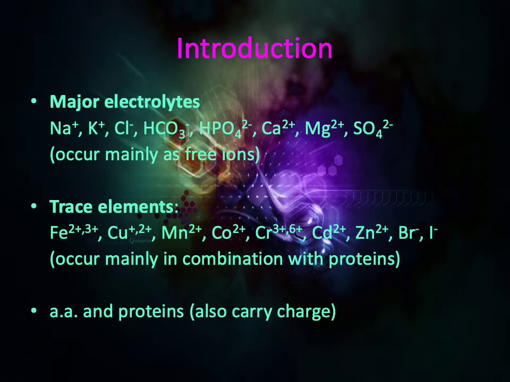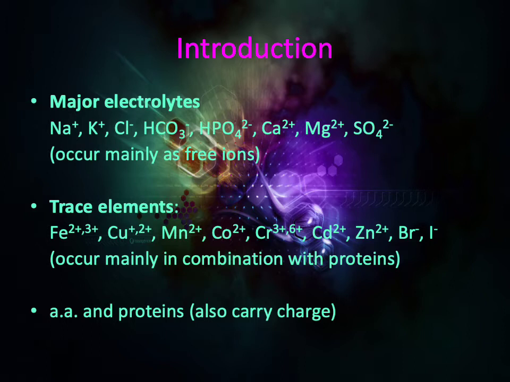The electrolytes that have the greatest significance to human health and can produce immediate effects if not in balance are sodium, potassium, chloride, phosphorus, which is present in the form of phosphate ions, magnesium, and sulfur, present in the form of sulfate ions.